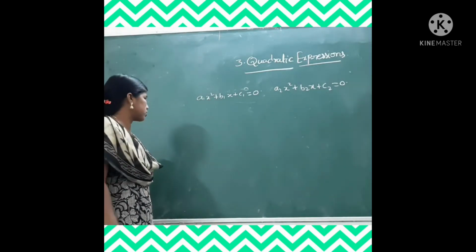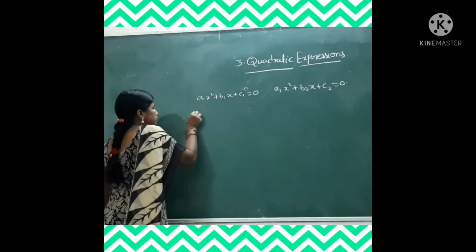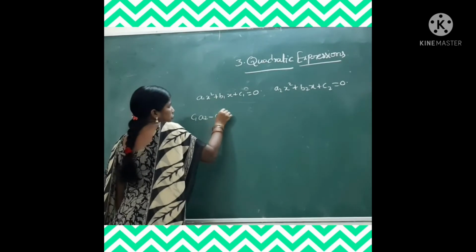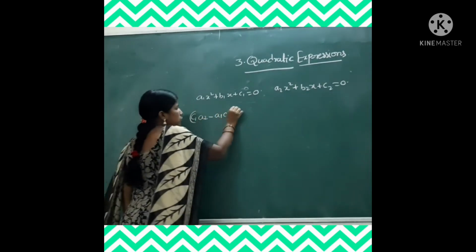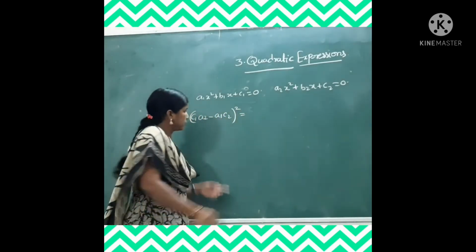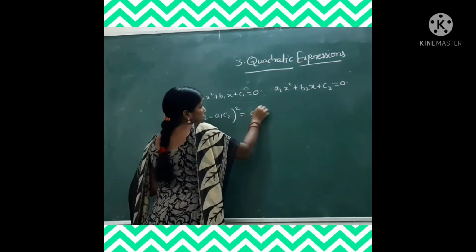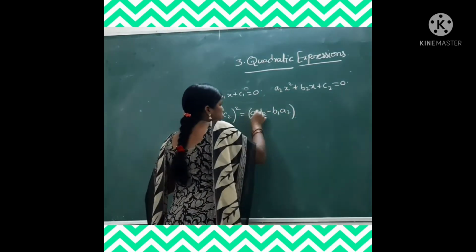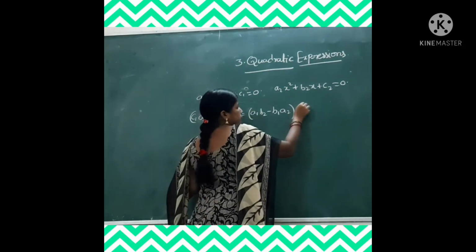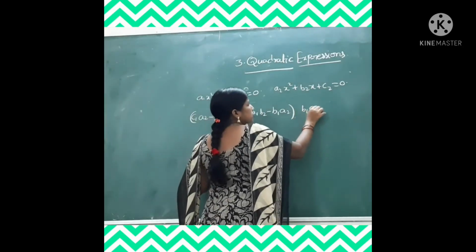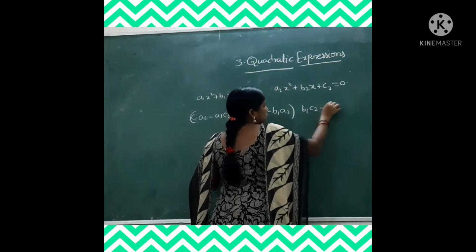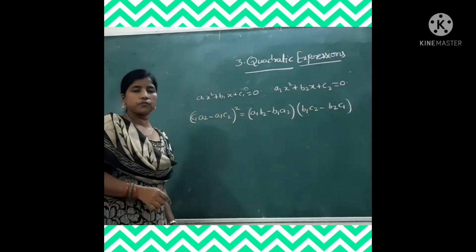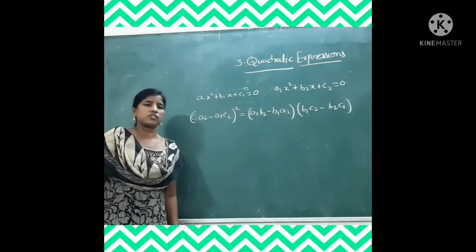What is the formula? (c1a2 minus a1c2) whole square is equal to (a1b2 minus b1a2) into (b1c2 minus b2c1). This is the condition for a common root of both quadratic equations.